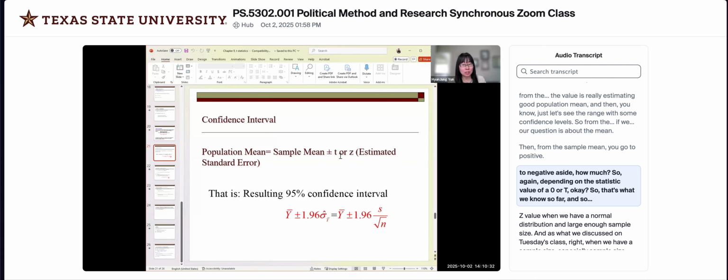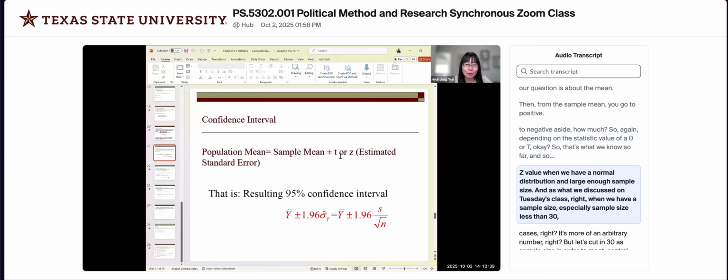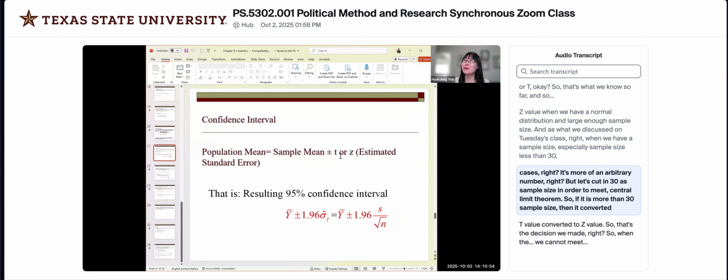The z value is used when we have a normal distribution and a large enough sample size. As we discussed in Tuesday's class, when we have a sample size especially less than 30, and it's not an arbitrary number, let's cut at 30 as the sample size in order to meet the central limit theorem.